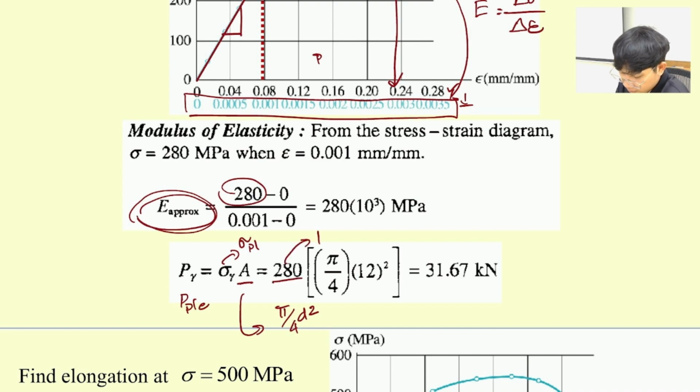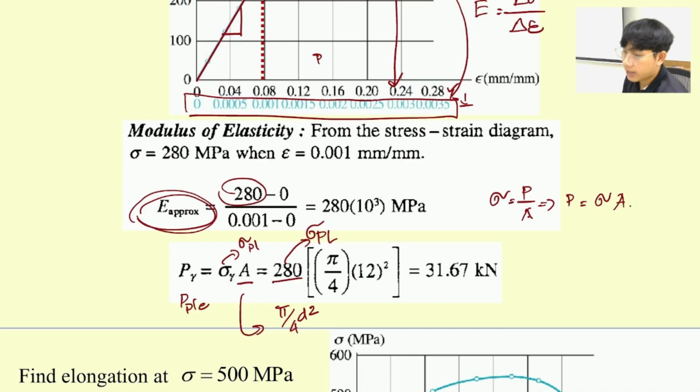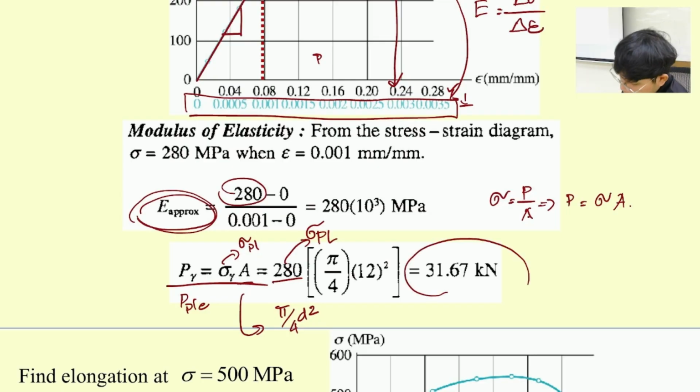This one is the PL, okay, stress PL, just put it in here. Stress equals force over area. So if I would like to find force, it's going to be equal to stress times A over here. So that's why I put it here. And then we're going to get the force of 31.67.